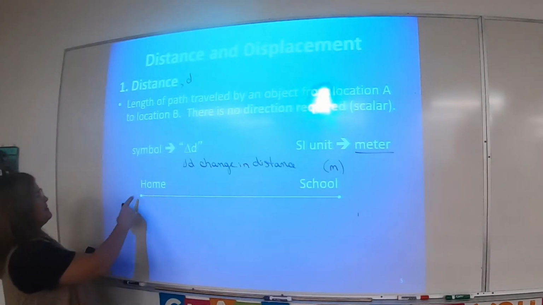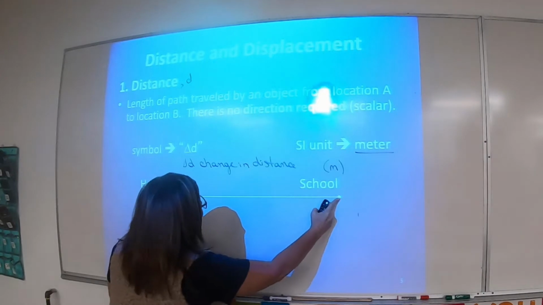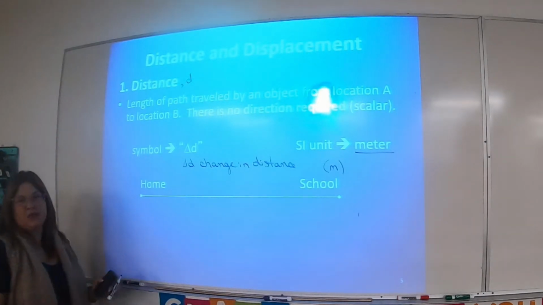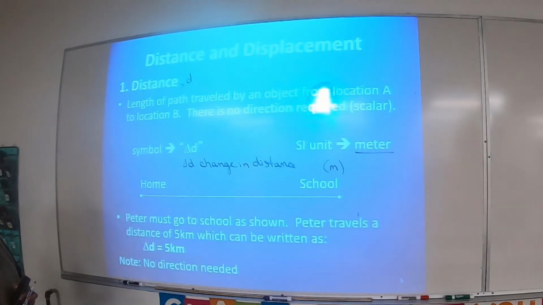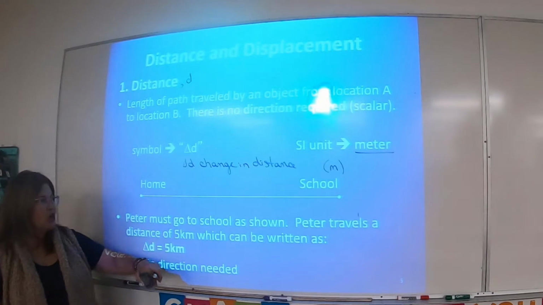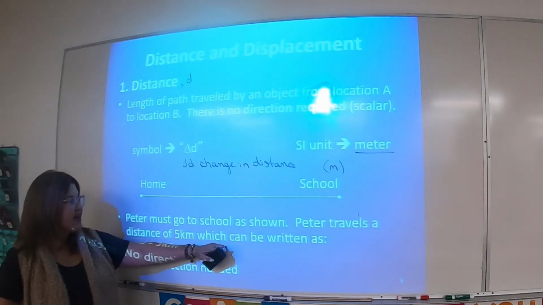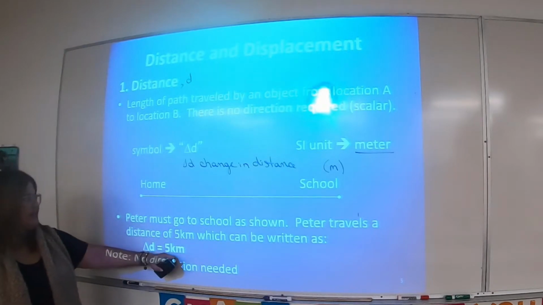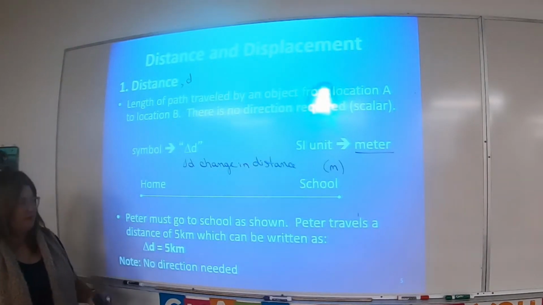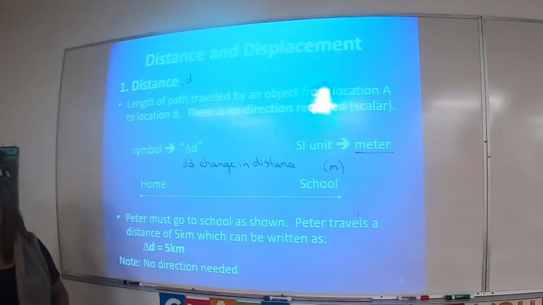So if I went between home and school, that pathway would be your distance. Peter must go to school, as shown. He travels a distance of 5 kilometers, which can be represented as delta D is 5 kilometers. No direction, really important. Distance is scalar.